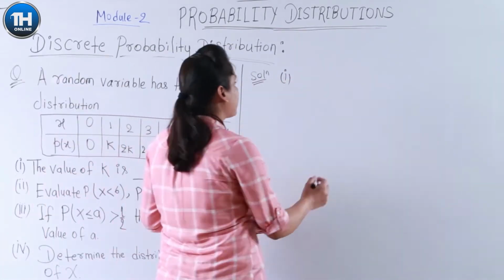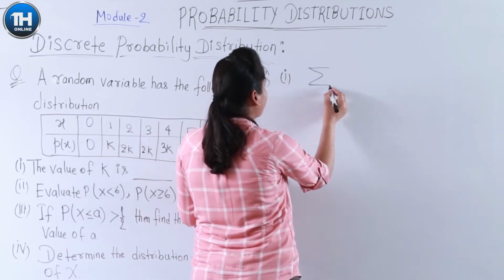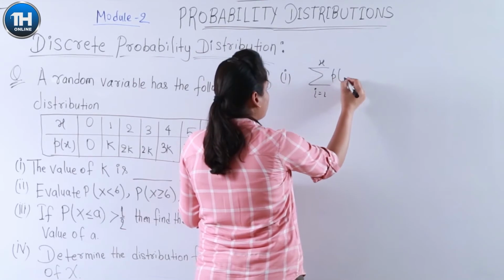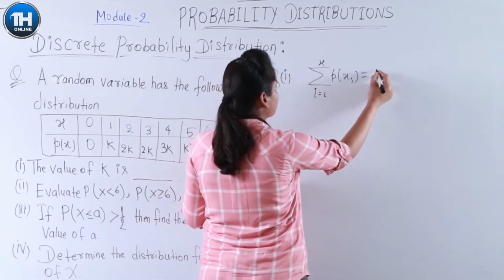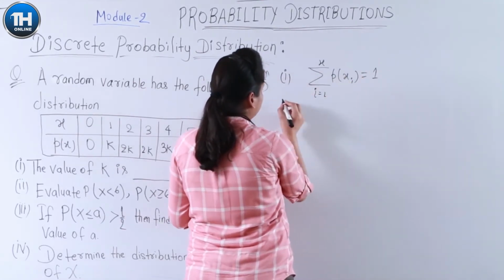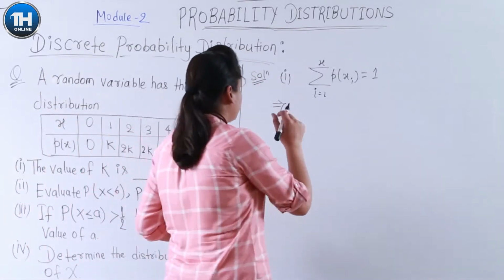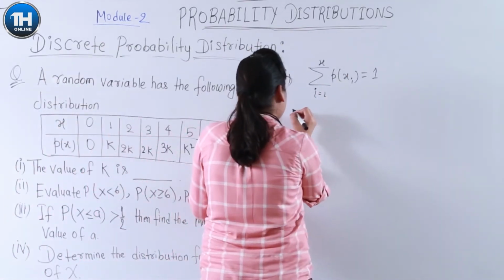For finding the value of k, we know the formula already. For i equal to 1 to n, the sum of p of xi is equal to what? 1. So what are the values of xi here?